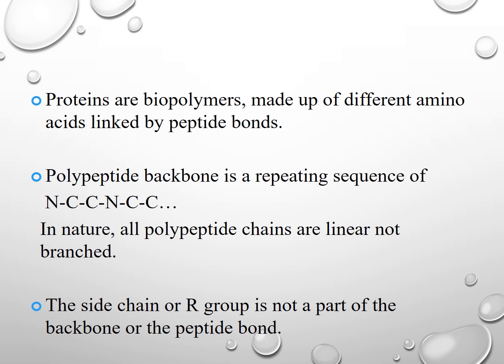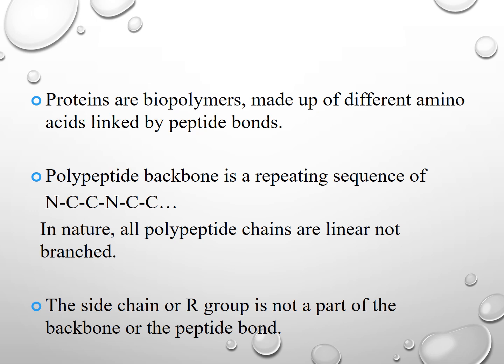Actually, the polypeptide chain has a backbone that is a repeated sequence of NCC, where N is the N terminus or the amino terminus, the middle C is the alpha carbon, and the last C is the C terminus, that is the carboxylic carbon.